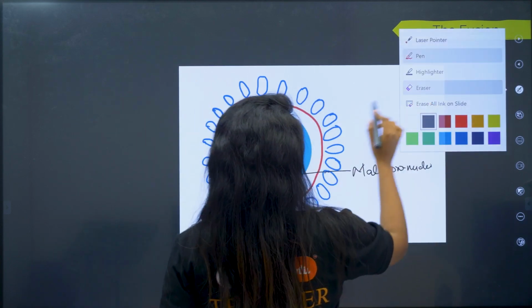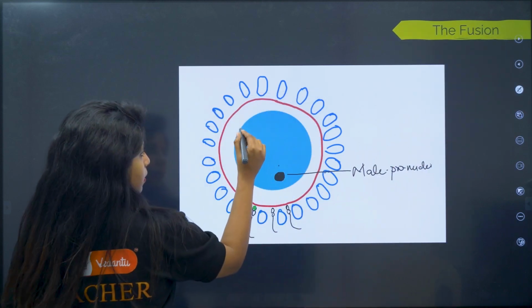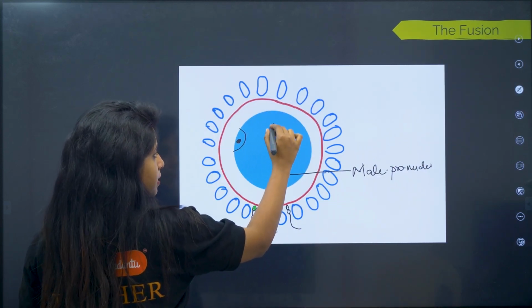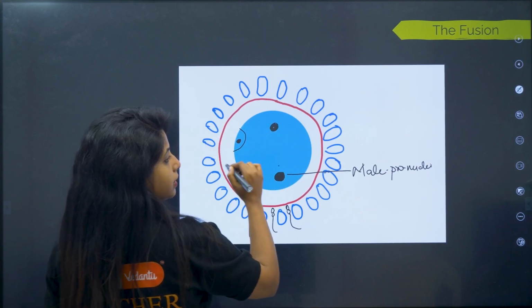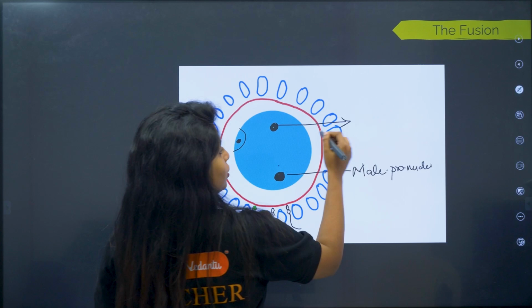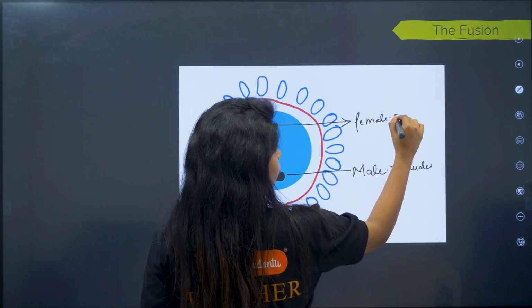If I make it in a better manner, it looks like this. So this is the small cell and this is the big cell. Over here, this is the nucleus of the what? The female nucleus, the ovum at last. So the female pronucleus.